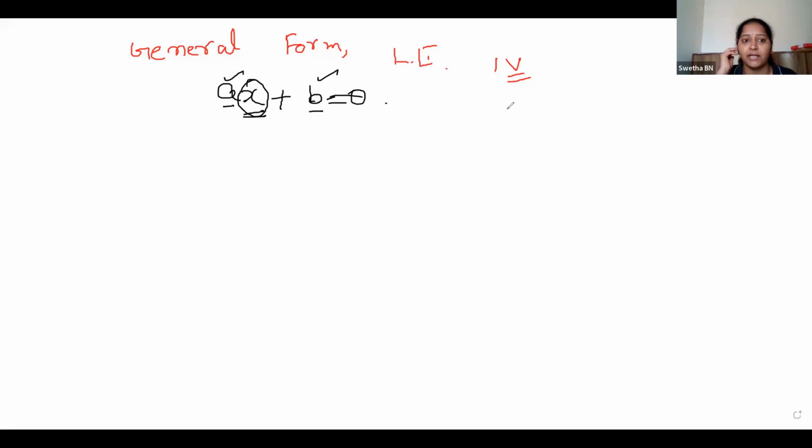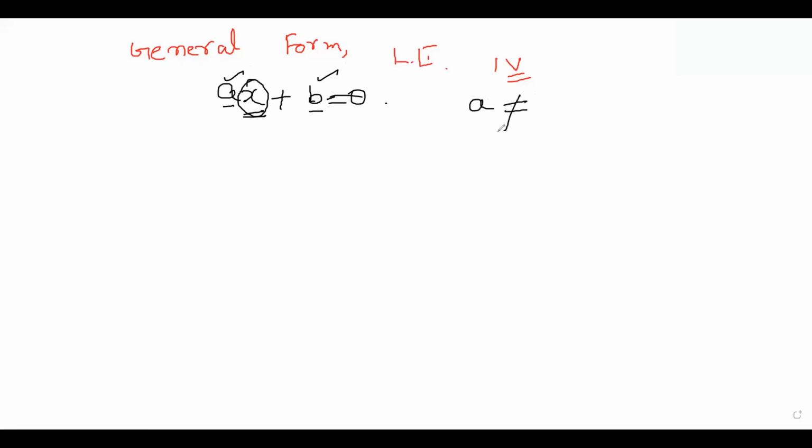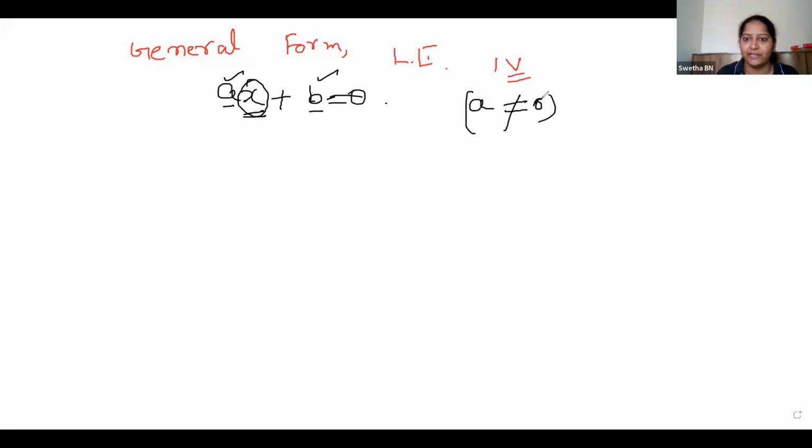Always, if you write this form, you have to write the condition. A should not be equal to 0. So a cannot be 0. If it becomes 0, what happens? You will have only the constant right now. So this is not a linear equation. So we have to write a is not equal to 0.